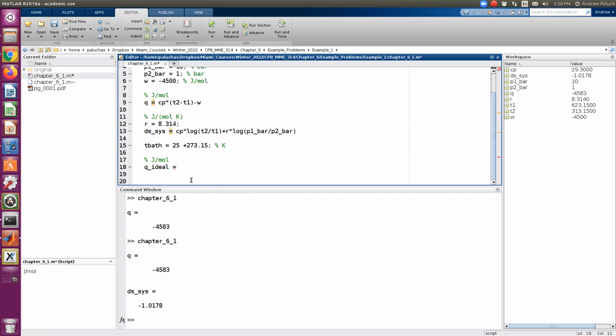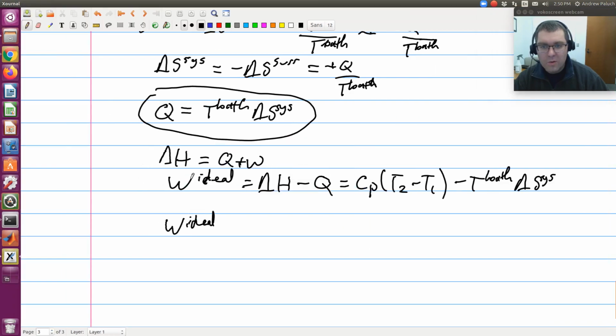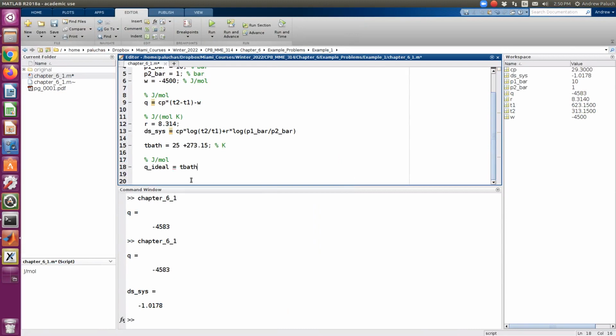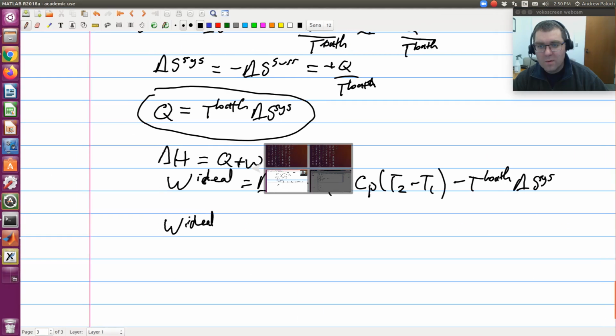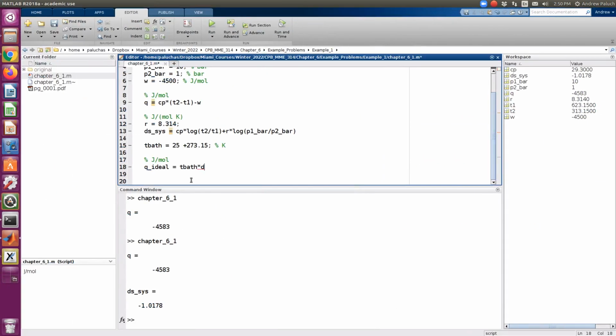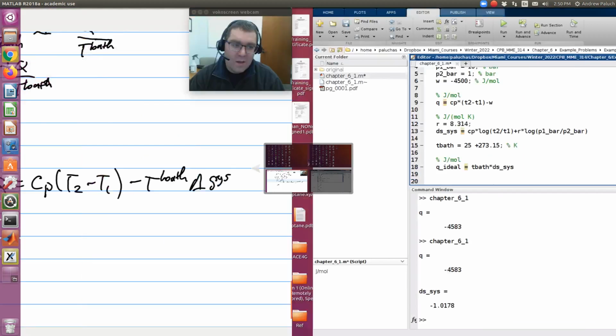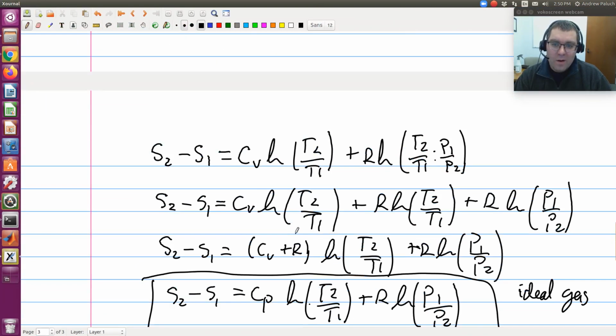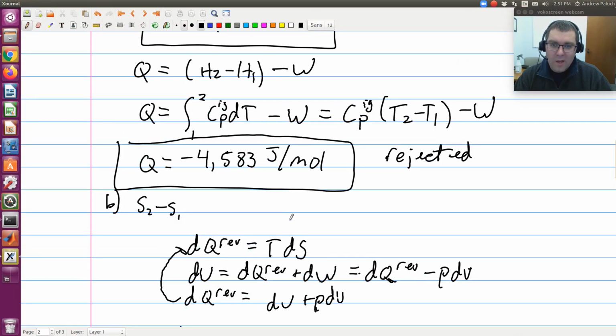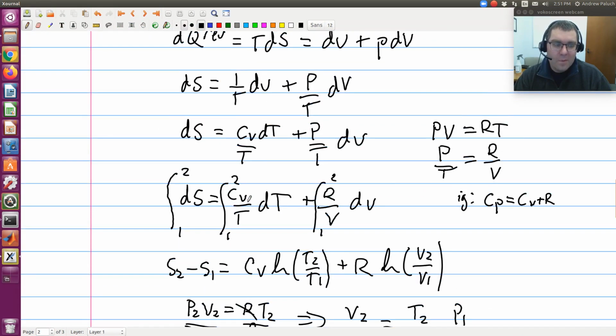So Q ideal is equal to T bath times delta S of my system. We found delta S of my system to be negative, so Q again will be negative, which agrees in terms of sign with our problem from A. So that's good.